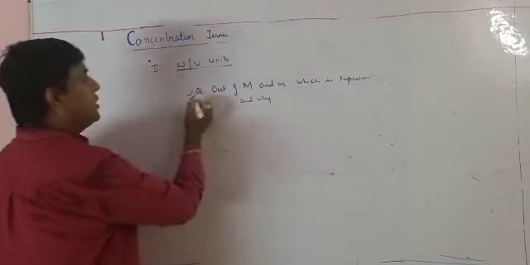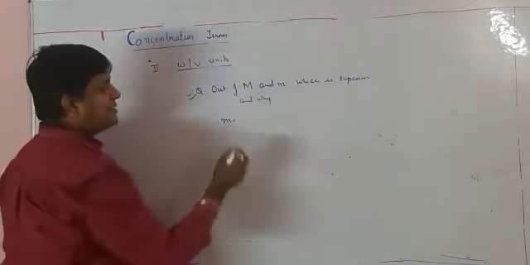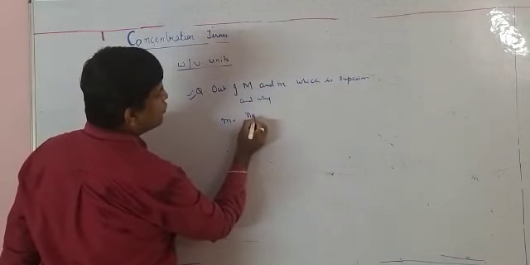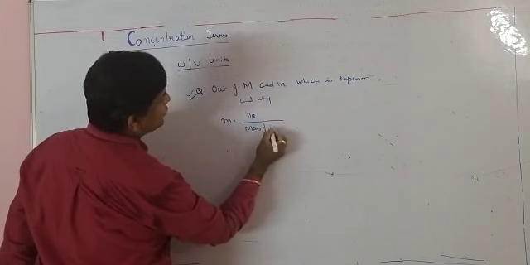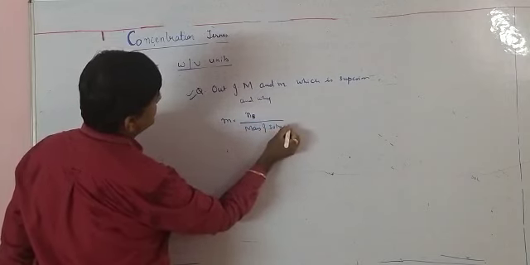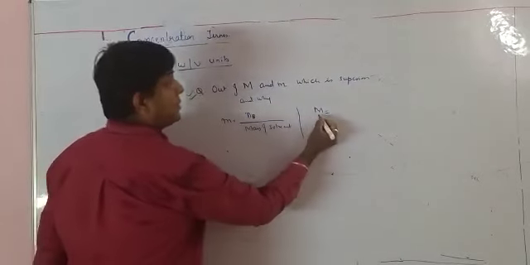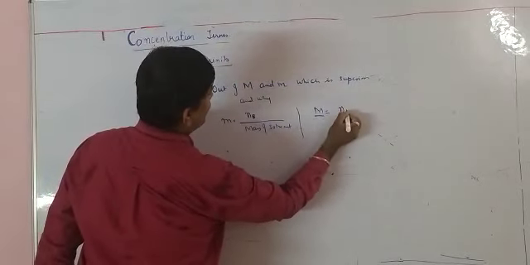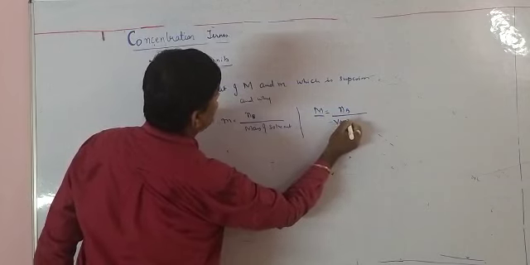Very good question. See, what is the formula of small m? That is the molality, number of moles of solute upon mass of solvent. What is capital M? Molarity, capital M, number of moles of solute upon volume of solution.